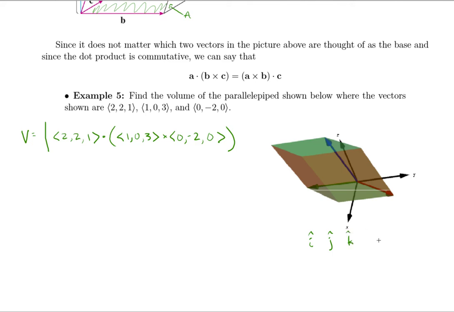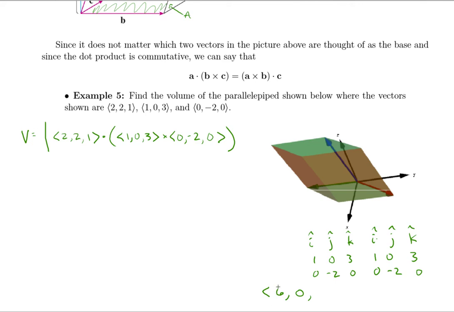i, j, k, so 1, 0, 3, and 0, negative 2, 0. All right, so down here we can go ahead and write this out. So this is 0 times 0 minus negative 2 times 3, which is going to be positive 6. I'm going to do this a little bit quicker. 3 times 0 minus 0 times 1 is 0.